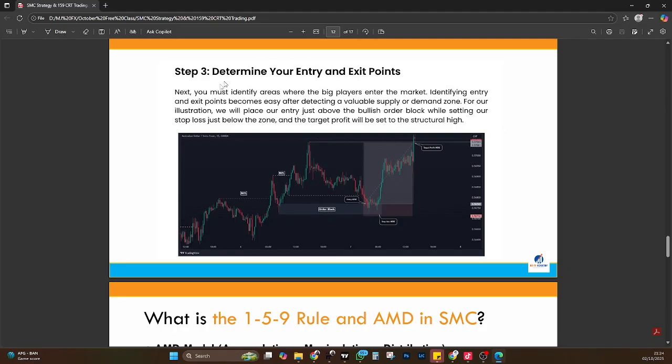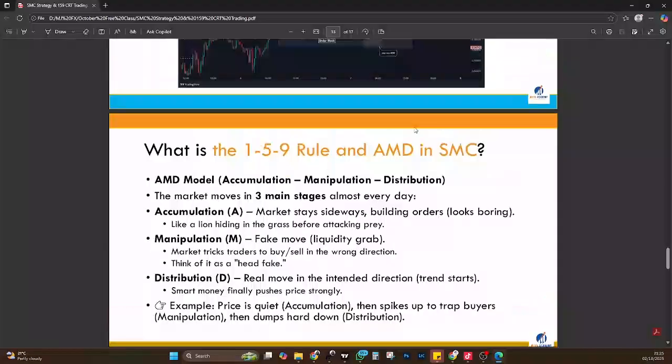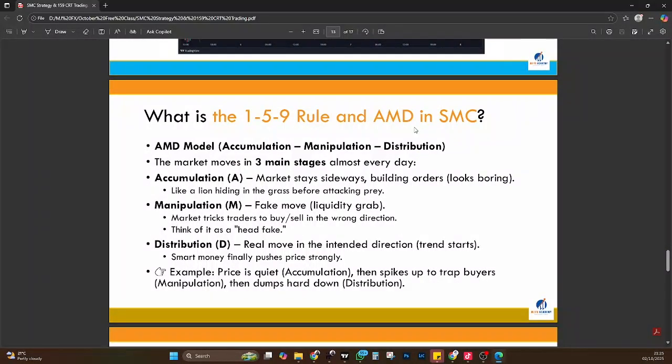But this is a bit complex, and this is something we can learn later. Wiki ya mwisho tutakuwa na a lot of work to do, because we will be taking trades with you, live trades with you. So that is where you determine your entry and your exit points. Because of time, I will not go into this, because we will need a lot of time to look at this.